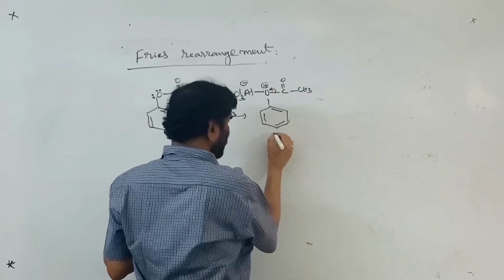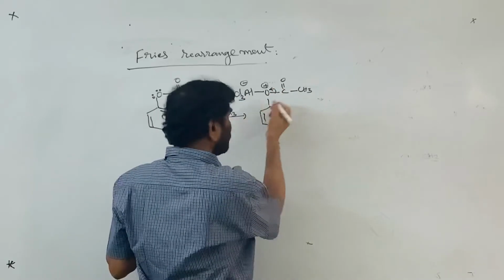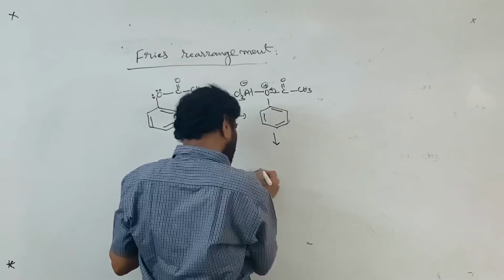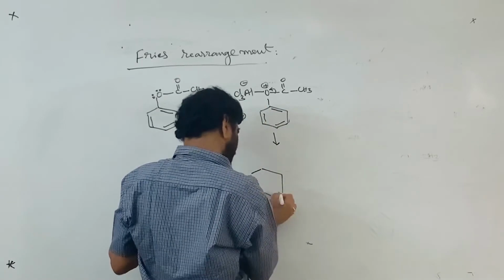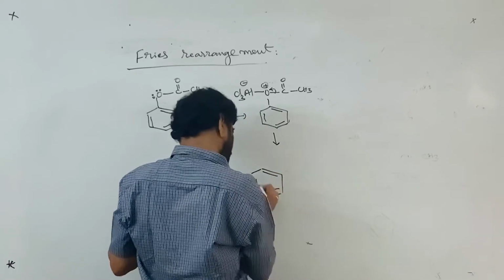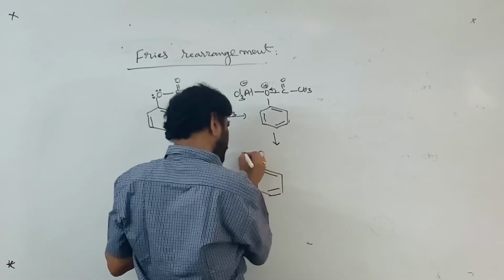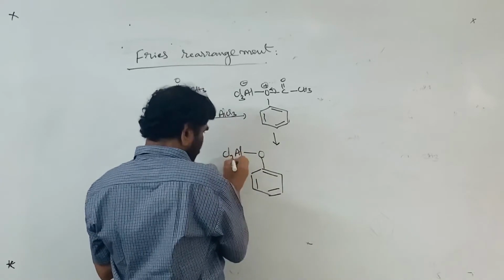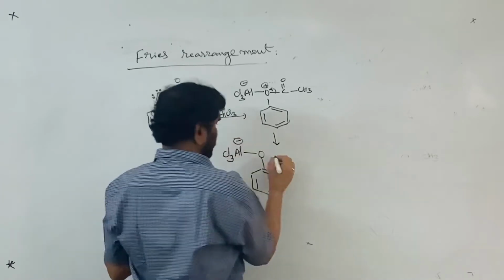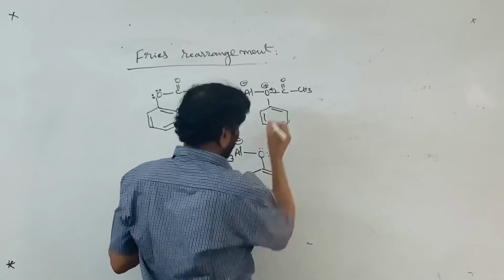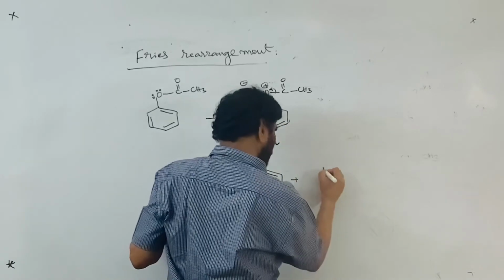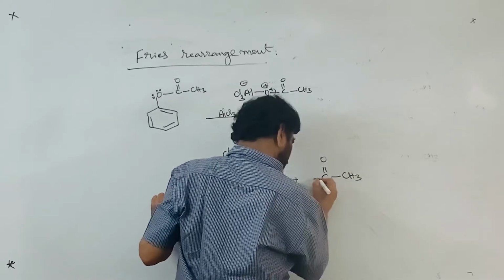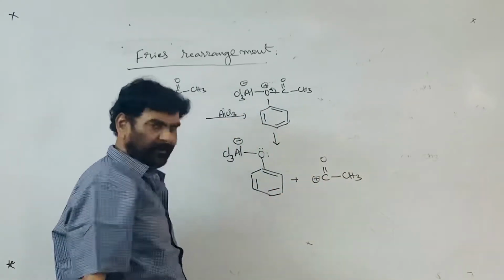Oxygen cannot tolerate the positive charge for long, so it takes the pair of electrons from the carbon, giving AlCl3 minus charge plus the acetyl carbocation, with positive charge, the electrophile.